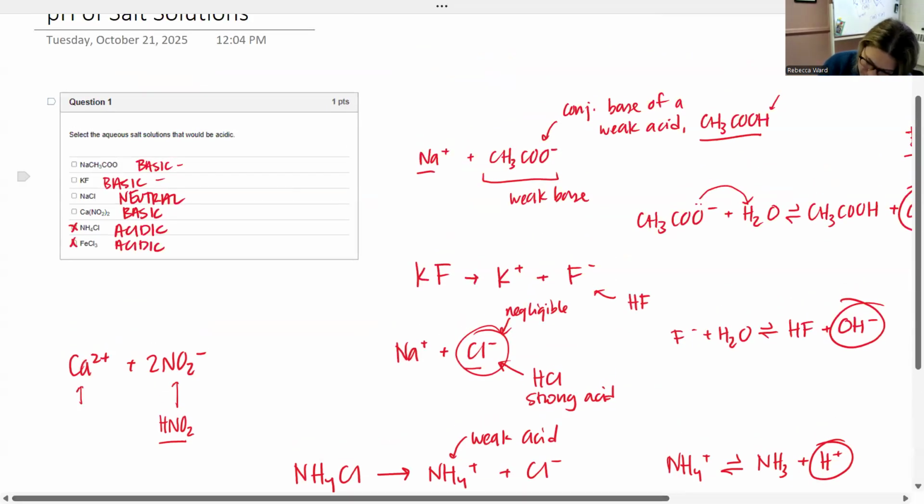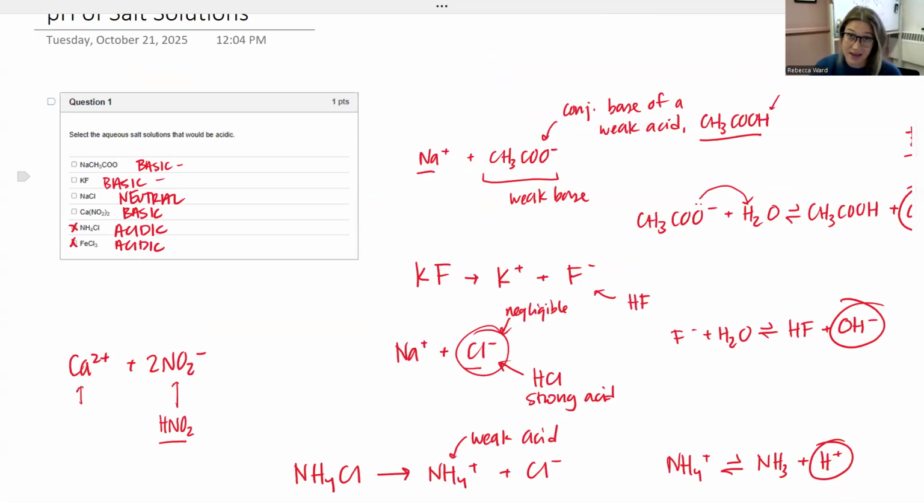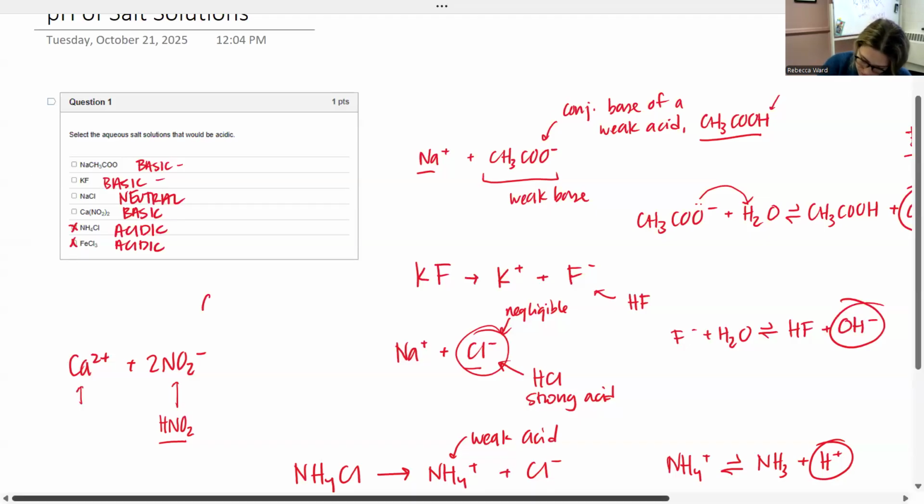So if we're looking for acidic salt solutions, we're looking for probably a cation that is a charged nitrogen species like ammonium or methyl ammonium, something like that, where a nitrogen weak base has already taken a proton.